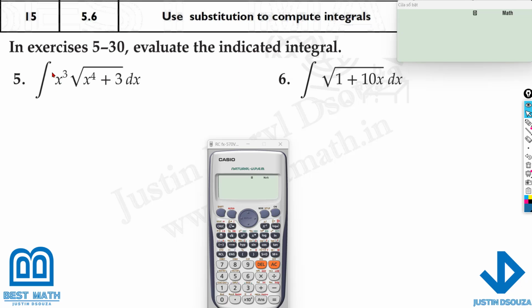First thing is, whenever you have integrals, don't put this integral symbol, just put the values. What is the question? It's x power 3, the given question. Then we have square root x power 4, x raised to 4 plus 3. And here, just calculate at any particular x value. Don't use any negative numbers.